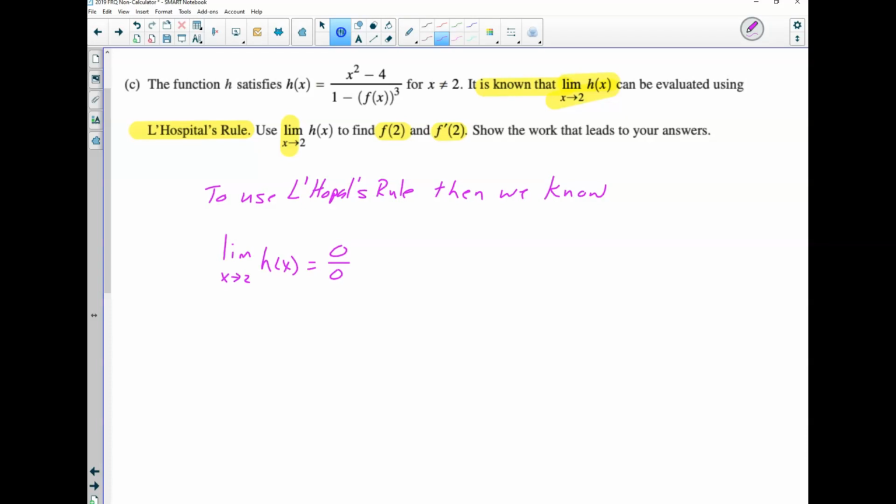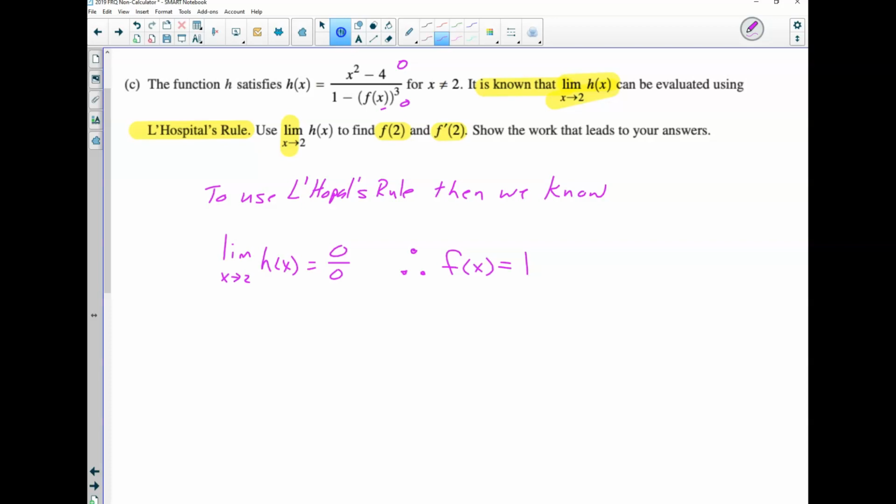Because I know I'm plugging a 2 in here, so I know the numerator is 0, so I have to have 0 in the denominator. It's not infinity over infinity. It's 0 over 0. Therefore, f of 2 has to equal 1, because I got to take 1 minus 1 cubed to get 0 in the bottom.